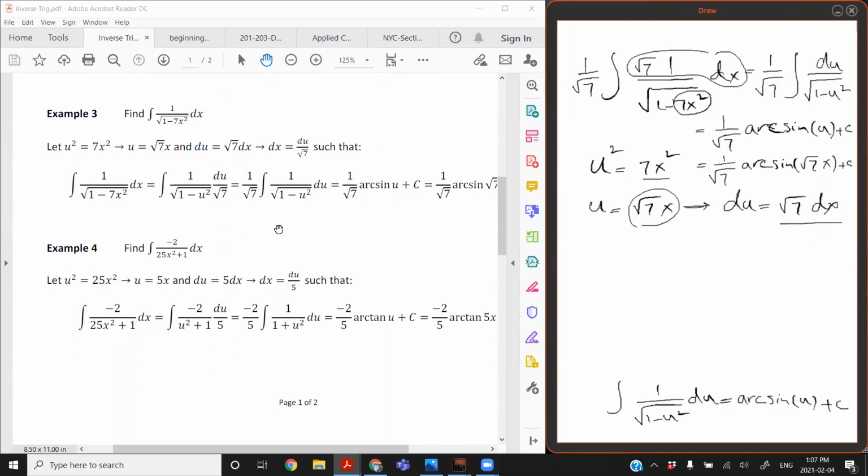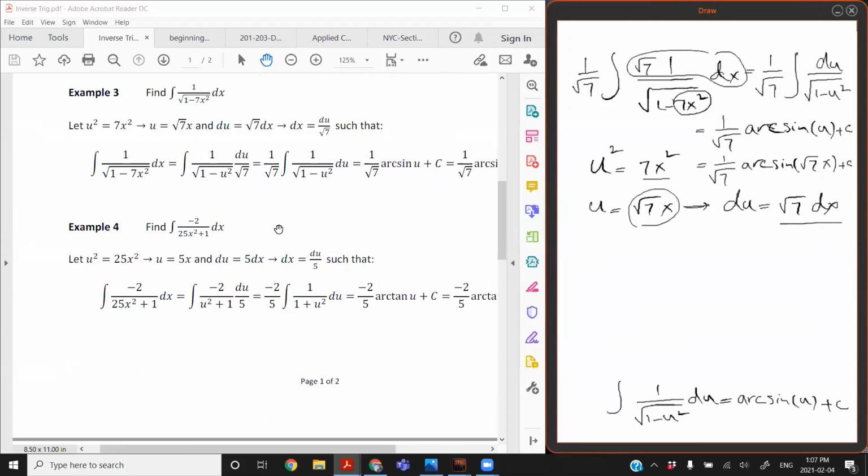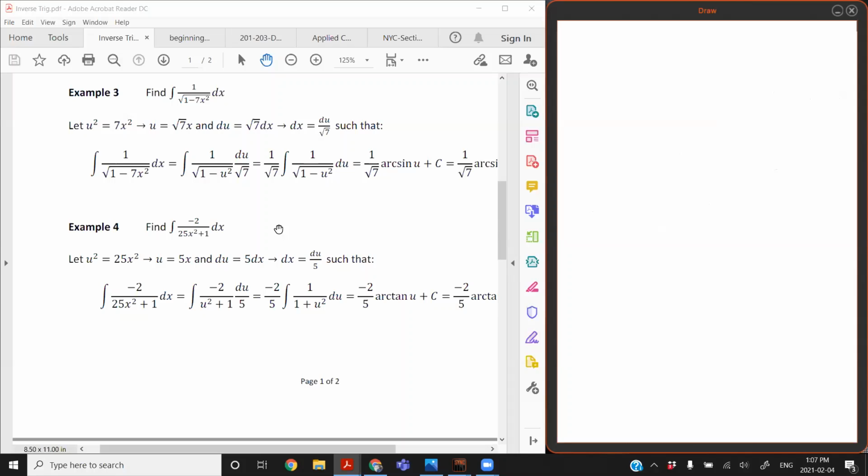Okay. Example 4. We have integral of negative 2 over 25x squared plus 1 dx. This reminds me of arctangent.